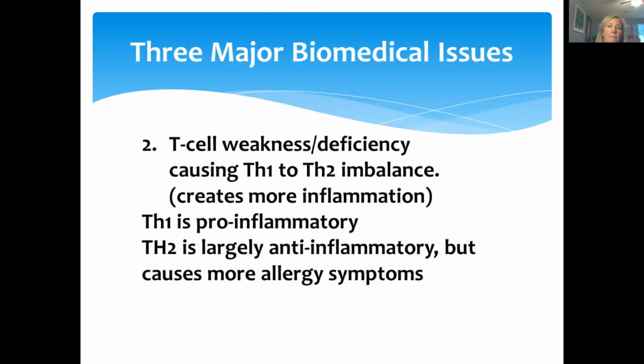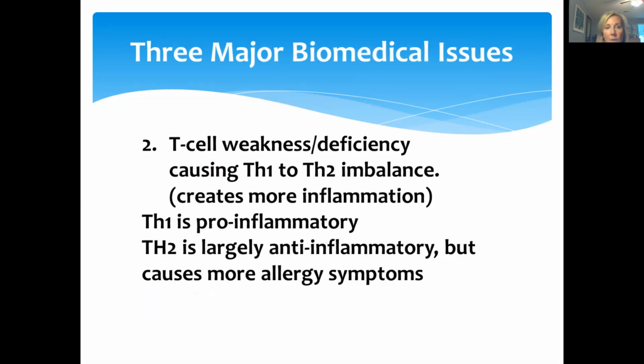The next one that's a big deal is how it affects your immune system. Remember, it has to get into that fat-soluble compartment to make your immune system right. Now, Th1 and Th2, kind of fancy terms for a balance in your immune system. What you really just need to know is Th1 is more pro-inflammatory, Th2 is largely anti-inflammatory, and the body tries to keep those in balance. When you have too much Th2, though, you actually have more allergy symptoms. So the body needs to keep that in balance.